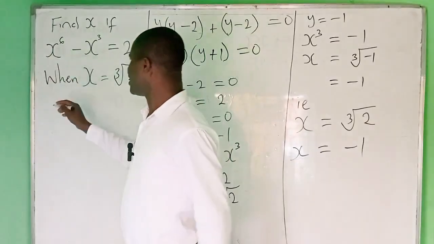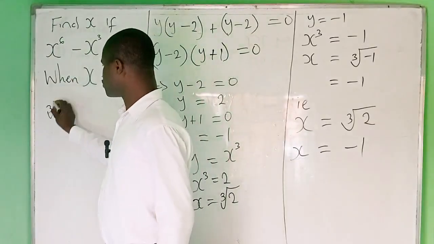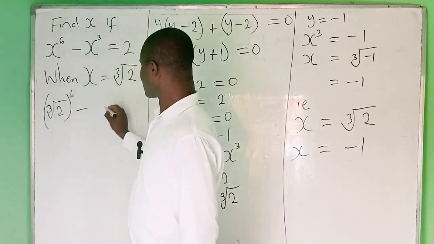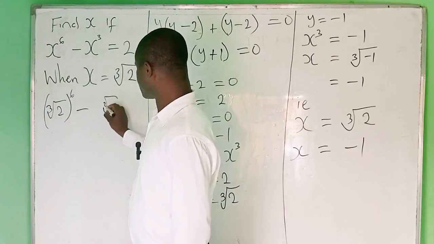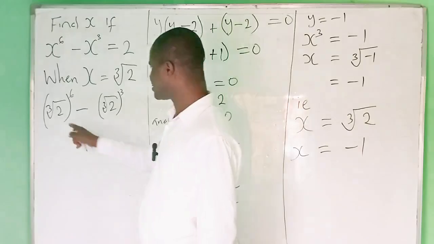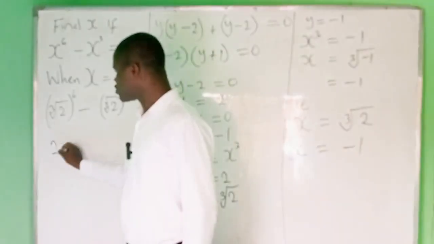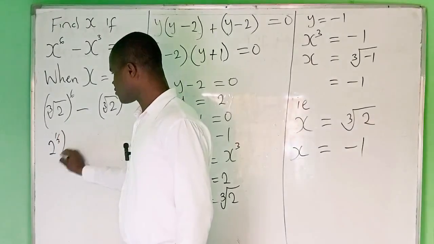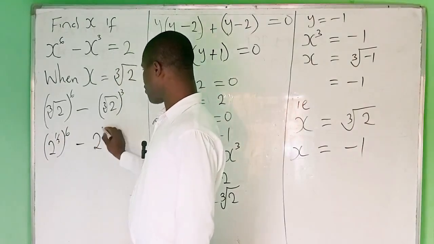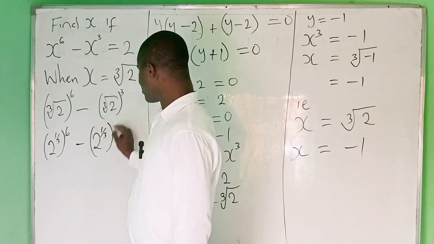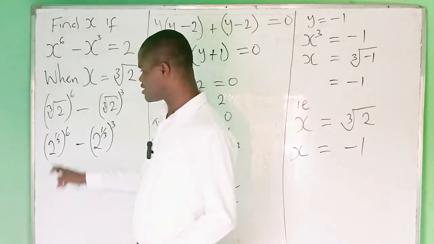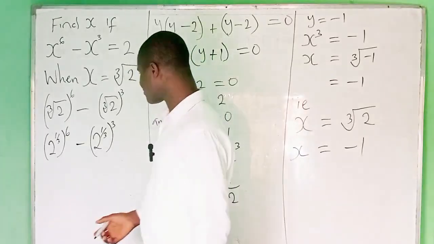Putting cube root of 2 here, it becomes cube root of 2, all raised to power 6, minus cube root of 2, all raised to power 3. I hope you know this is the same as 2 raised to power 1 over 3, all raised to power 6, minus 2 raised to power 1 over 3, all raised to power 3, because cube root of 2 is the same thing as 2 raised to power 1 over 3.